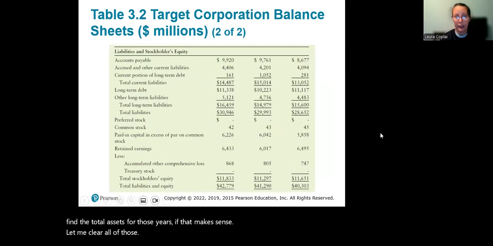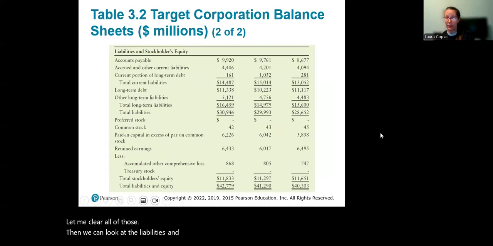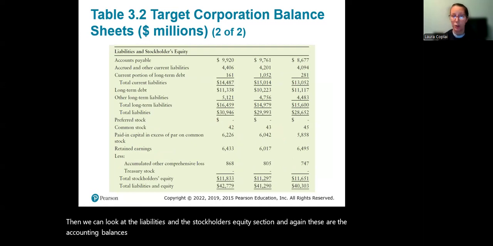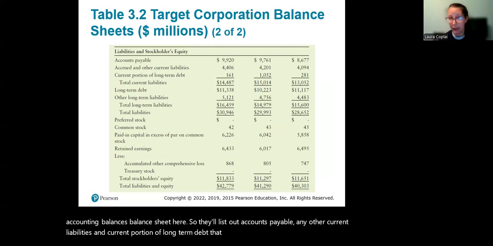Then we can look at the liabilities and the stockholders' equity section. And again, these are the accounting balance sheet here. So they'll list out accounts payable, any other current liabilities, and current portion of long-term debt that they are going to be paying this year. So those are all the current liabilities if you total all those up.